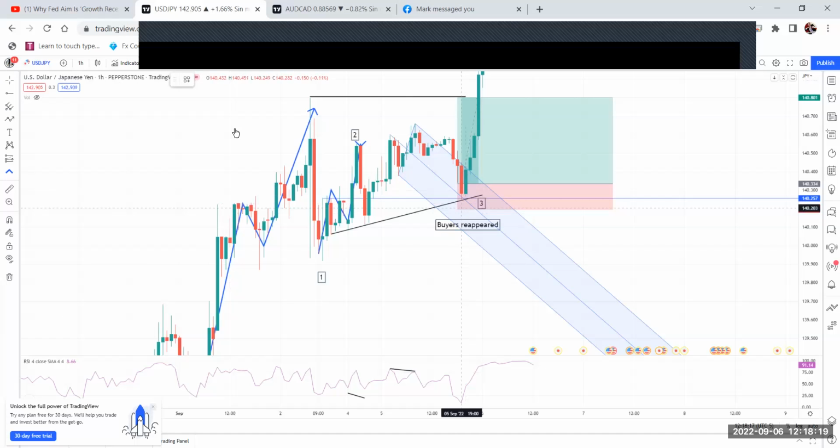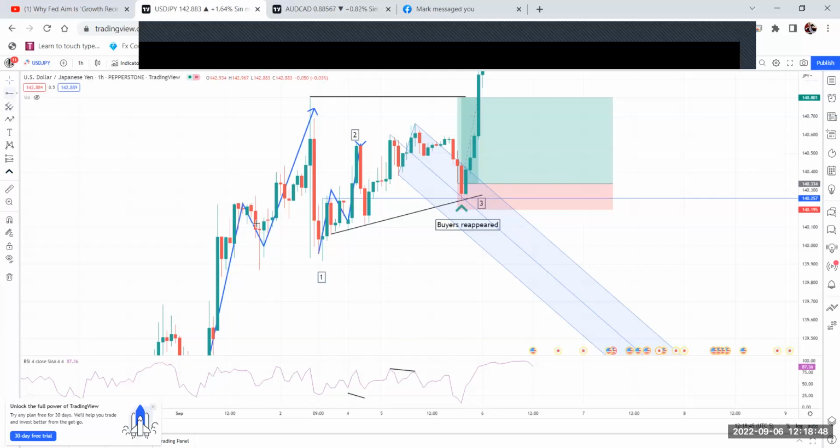I was a bit skeptical because here we see the momentum divergence, right? And I figured it was just this movement, right? Because here we got solid buyers and we got minor buyers.